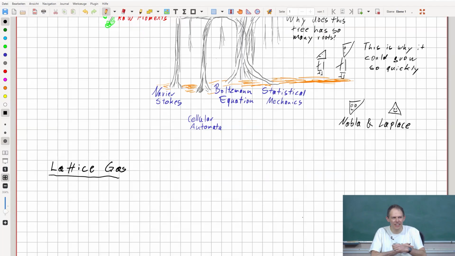And here it was not so much about doing actual high fidelity simulation of fluid dynamics, but it was more like the question, what minimal system would you have to use in order that on a larger scale you see the emergence of fluid dynamics?